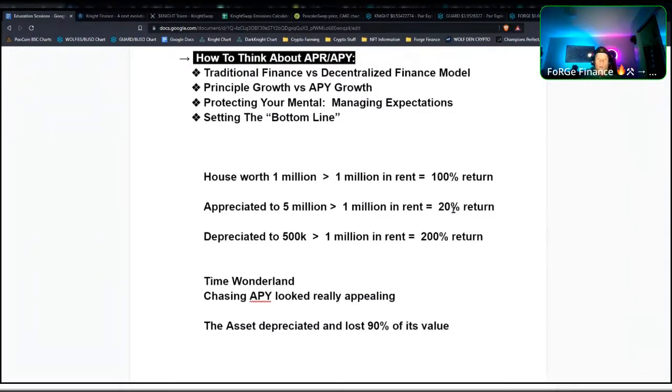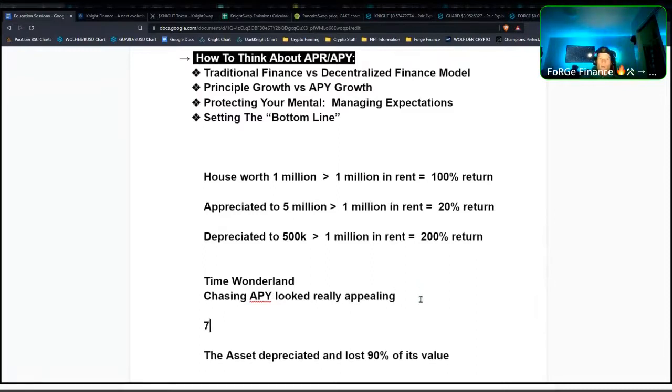Even though they were getting like 17,000% APY, if you were getting that on 10 grand and then your asset depreciated by 90%, now you're getting a bunch of Time Wonderland tokens, which is cool, but they're worth nothing. And you've lost a bunch of money.